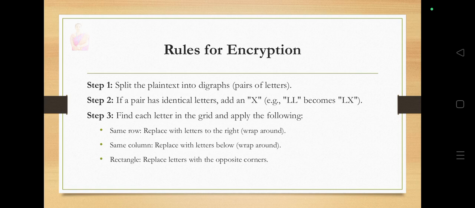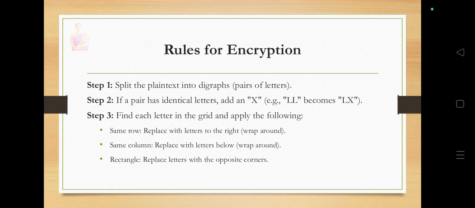But here LL is an identical letter, so instead of LL you have to place X and it will become LX. Finally, hello will be split into HE, which is one pair, and LX, which is another pair, and LO is the next pair. So hello can be written as HE, LX, LO.